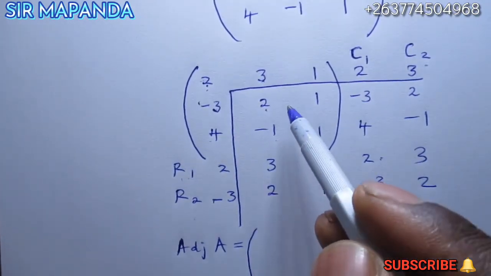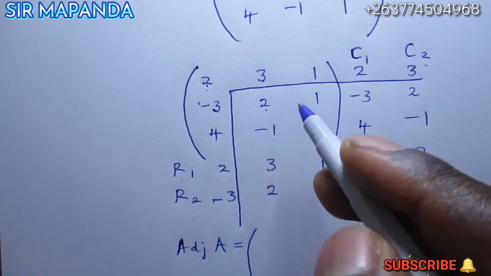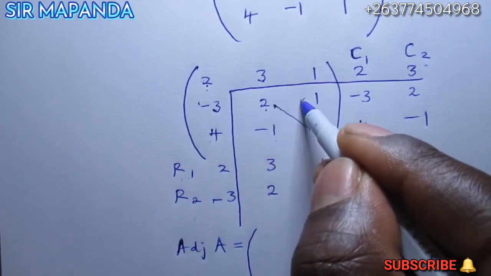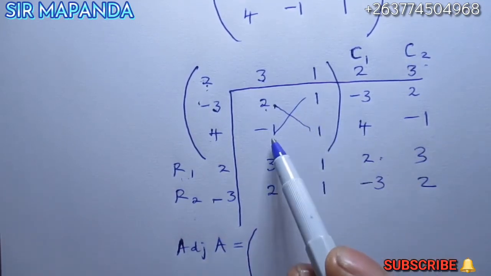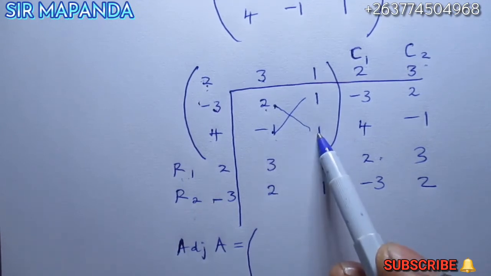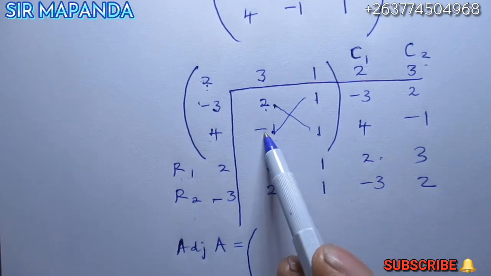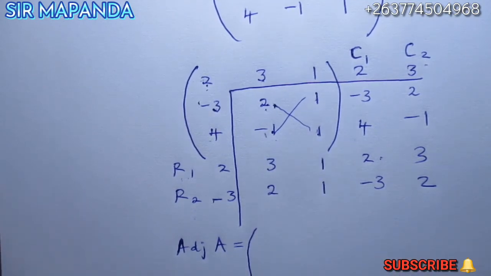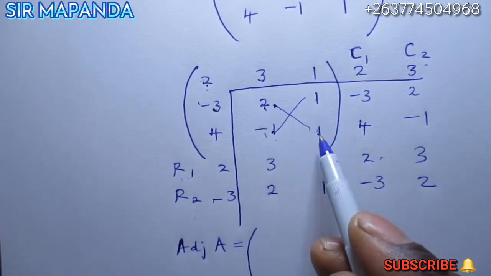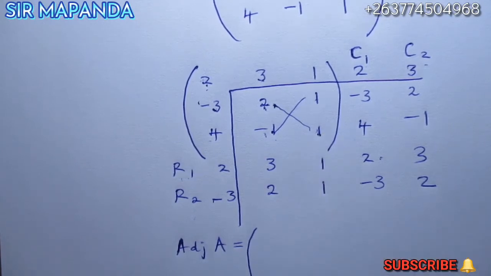So if you start with this 2 by 2, there is a 2 by 2 matrix here. You have 2, 1, minus 1, and 1. We want to find the determinant of 2, 1, minus 1, and 1. I hope you are following. So 2 times 1, what do you get? You get 2. Then I'm going to write 2.